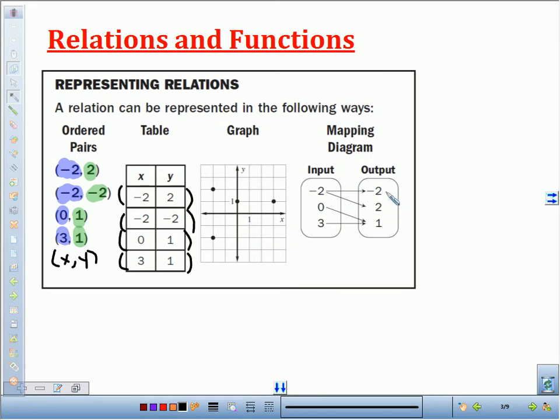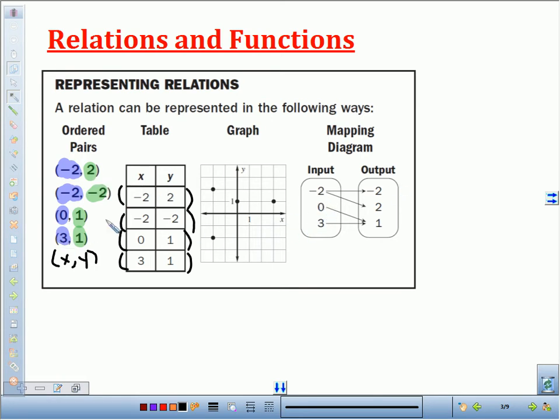Now, the last way you might see it is as a mapping. A mapping is generally a couple of ovals or squares or circles with the numbers being listed inside. Now, as you can see, these numbers, -2, 0, and 3, are the same as my numbers here. The -2 is repeated in my ordered pairs and on my chart, so it's only listed once on the mapping diagram. 0 and 3 both show up.